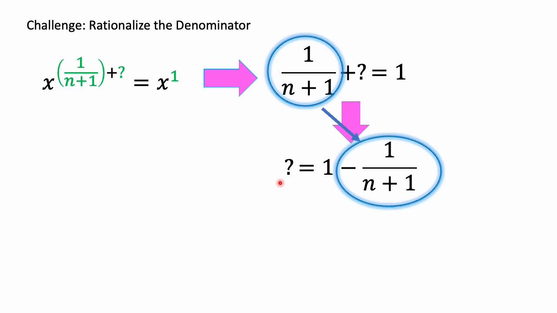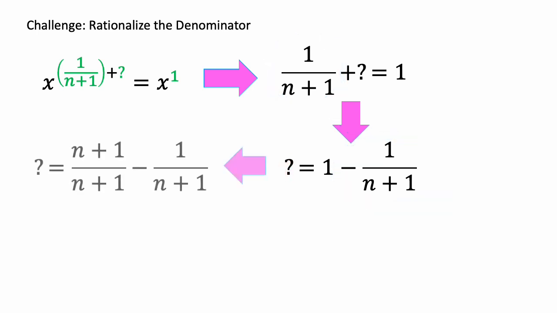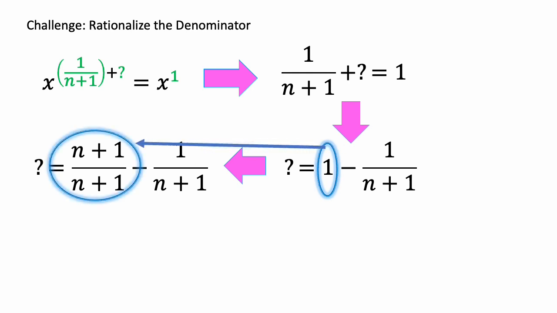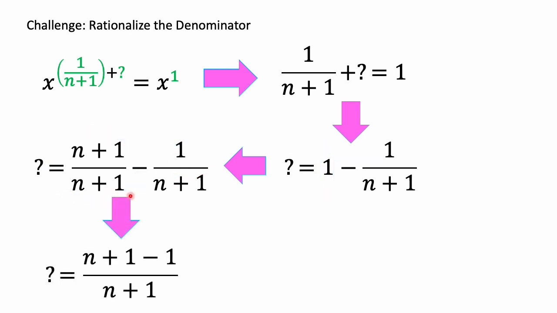So now we've solved for what that unknown question mark is, but we're going to clean it up a little bit. First by turning our 1 into n plus 1 over n plus 1, giving us a common denominator with this other part of the expression. Now that we have a common denominator, we can rewrite adding the two numerators n plus 1 and minus 1.